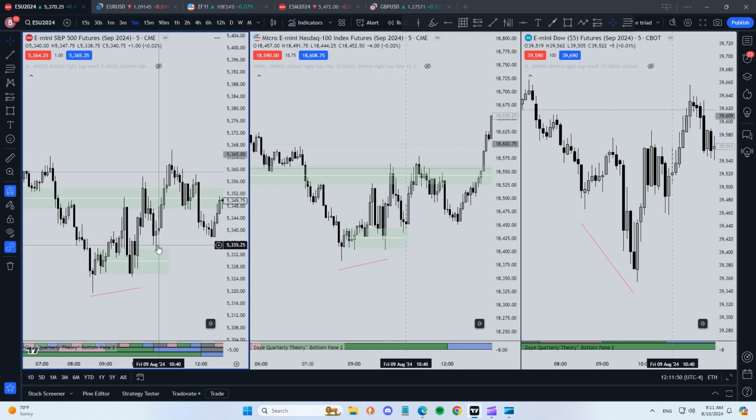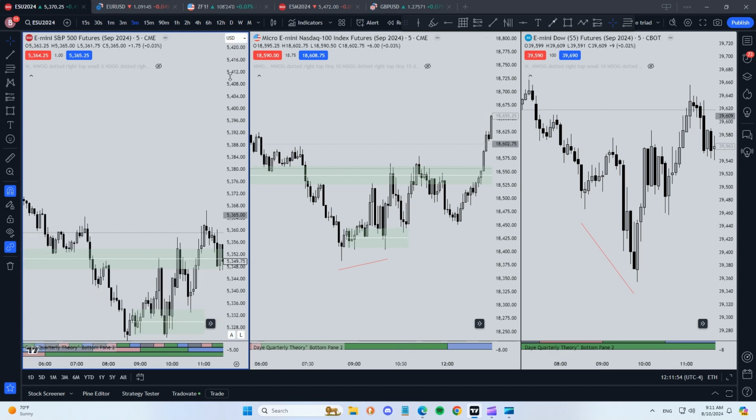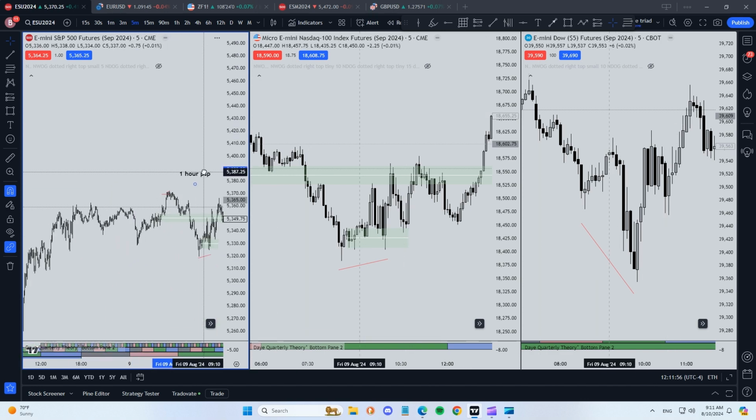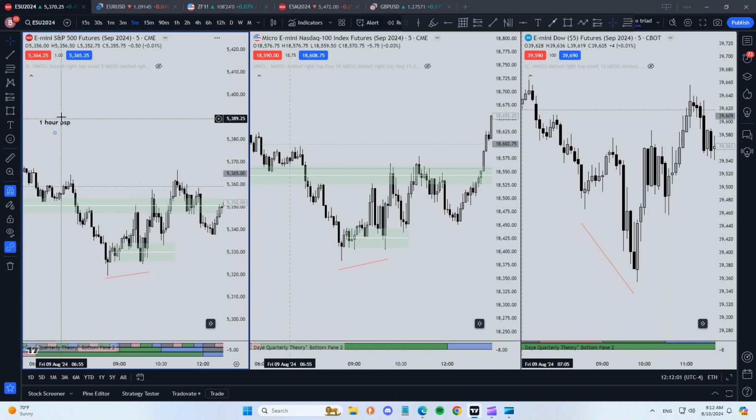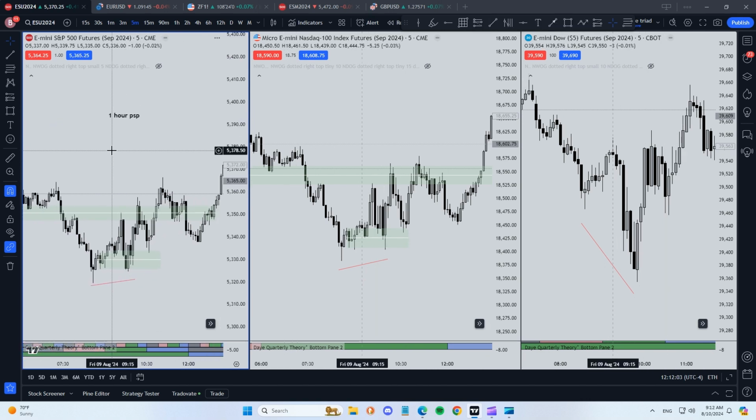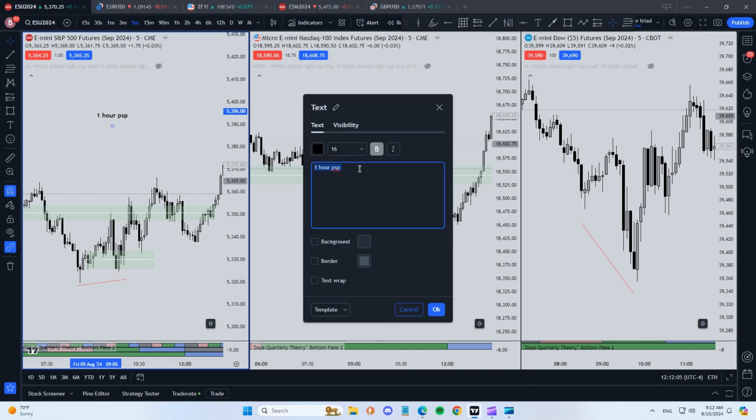We were aware of the 1 hour PSP and the 90 minute SMT on the 5 minute chart. So what did we have? We had 1 hour PSP, and we had a 90 minute SMT, which would be our first, actually the first stage.